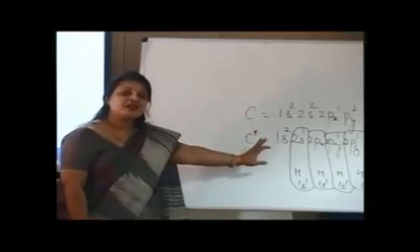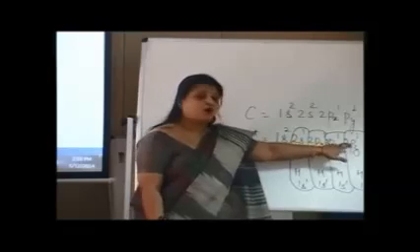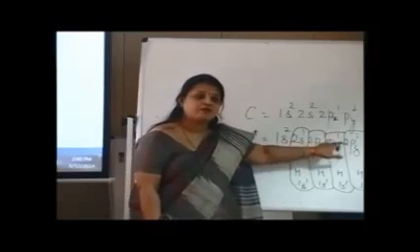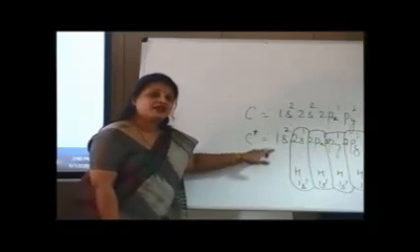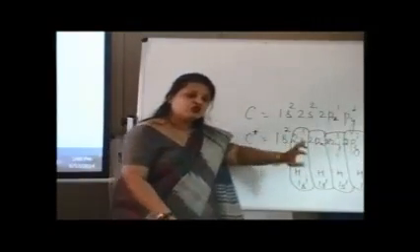But are all the 4 bonds equivalent? They are not. These 3 bonds are formed by p-s overlap. This bond is formed by s-s overlap. So this bond ideally should be stronger than these 3 bonds.